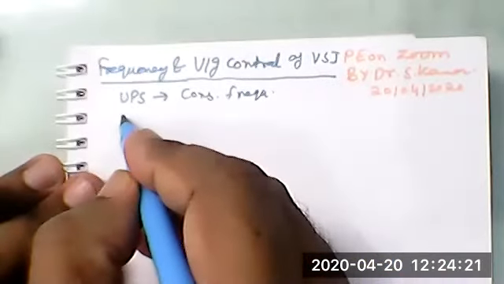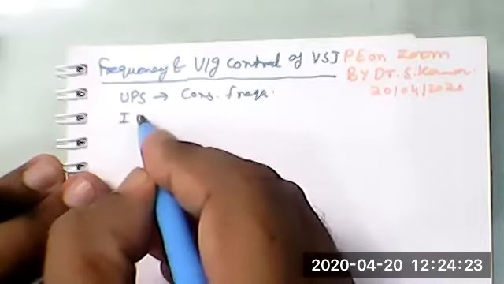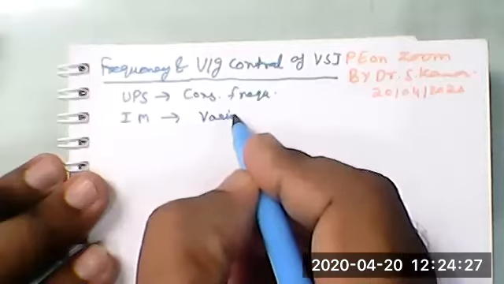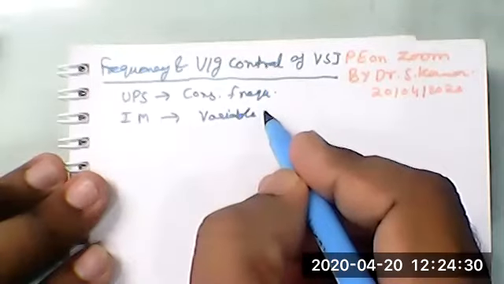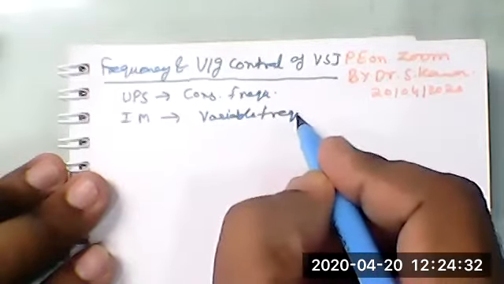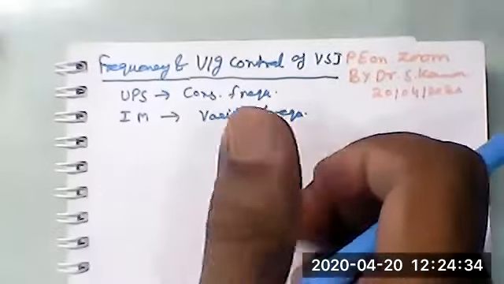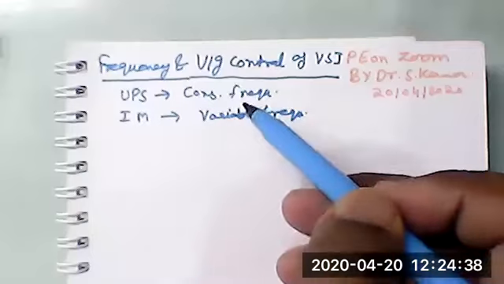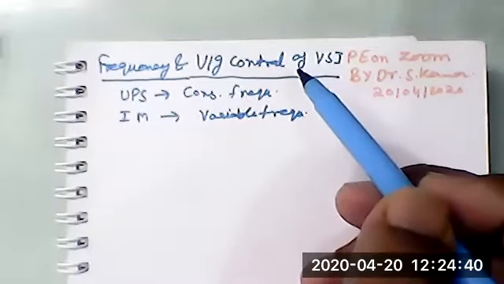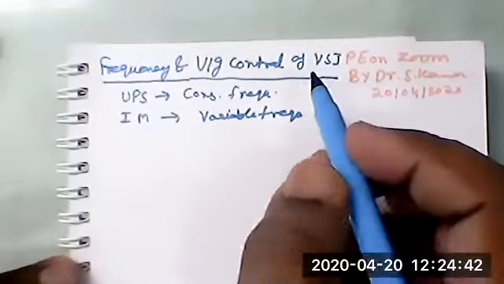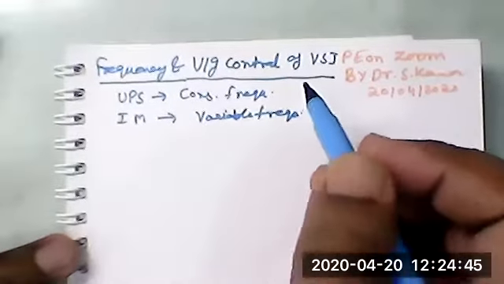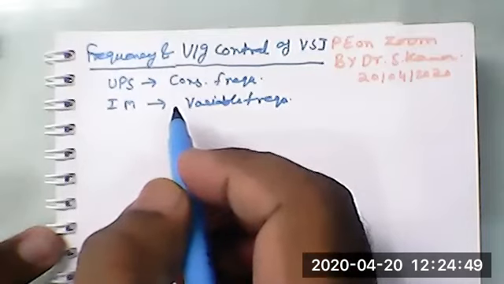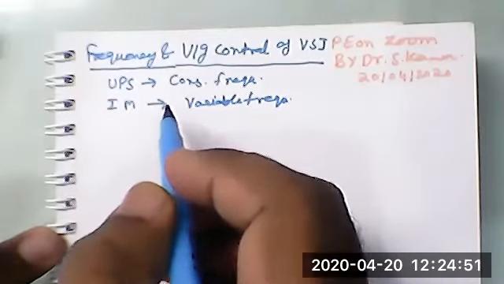Whereas if it is like an induction motor, it requires variable frequency, right? So to change the speed, you require variable voltage, variable frequency operation, right? That is why voltage control is very much important, how you control the output voltage of the inverter.